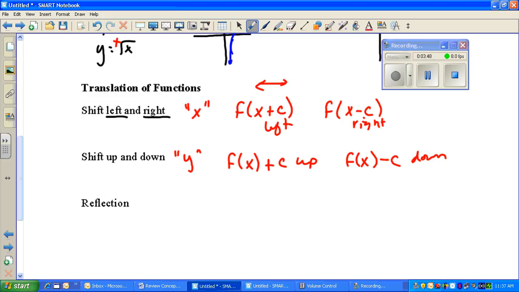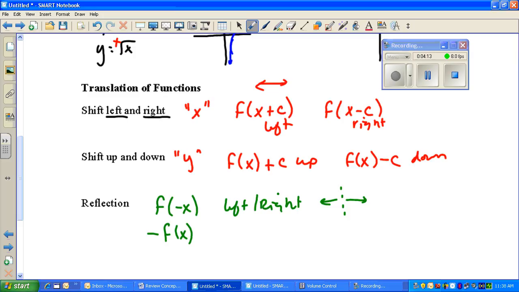And then a reflection, you have two places in which you can reflect. You have a reflection inside with x, and you have a reflection outside. Sometimes they don't make a difference because of the square property, but if I'm in with x, that means it's a reflect left or right. In other words, it's going to go this way or this way, which is around the y-axis.